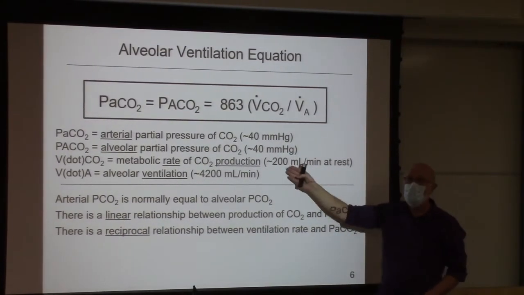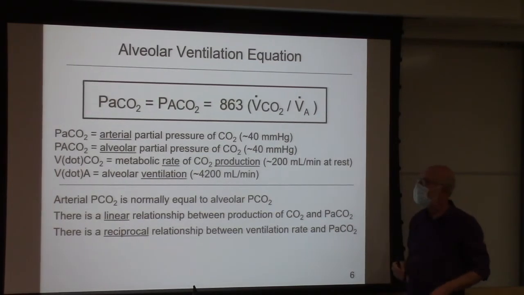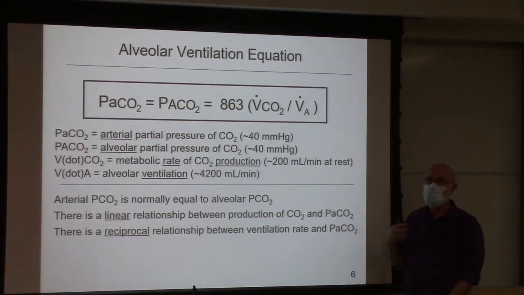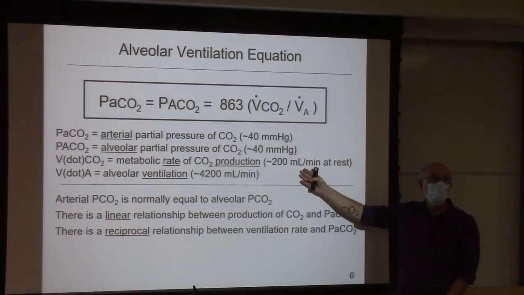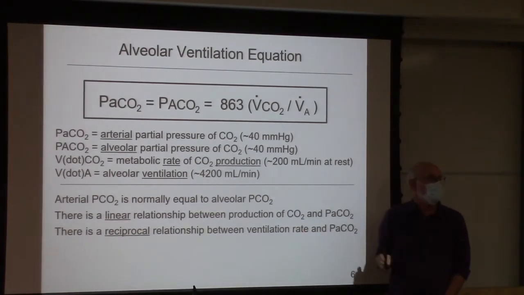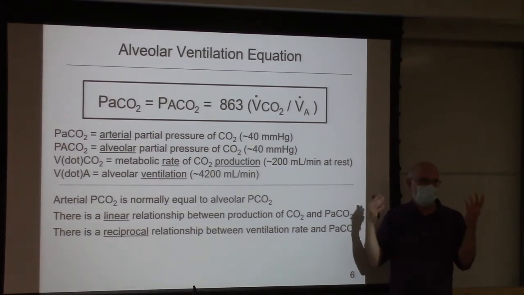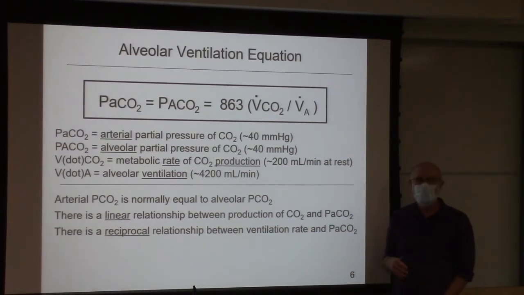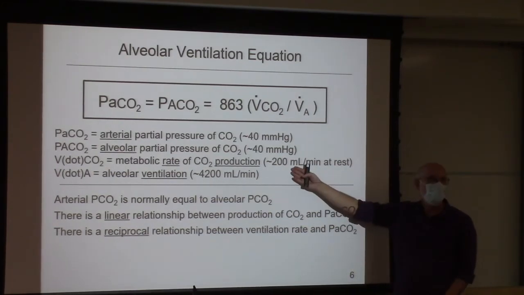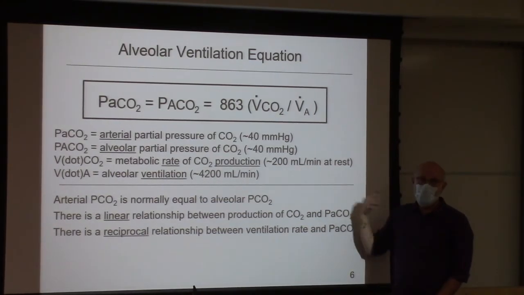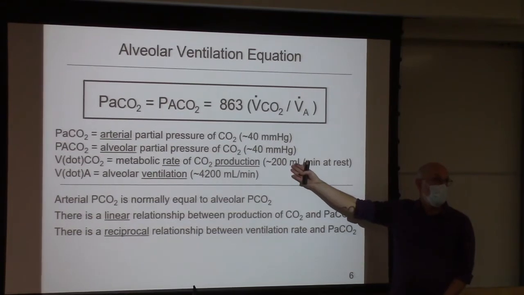It's producing your CO2 right now. You're not at rest. You're probably producing more than that. I'm producing a lot more than that. But at rest, 200 mils per minute is what your body produces in CO2, just being alive. You're thinking, so your brain is probably producing more CO2, so it's a little higher than that. I'm working up a sweat, so it's a lot higher than that.